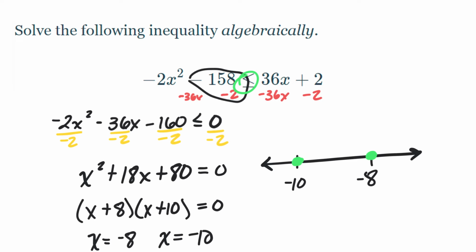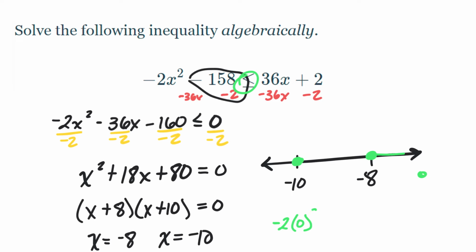But let's just take a look at the original equation. You could have gone with any equation, by the way, but with the original equation, negative 2x, let's plug in the number 0. 0 is somewhere over here, so if this works, we'll shade this way. If it doesn't work, we'll shade the other way.